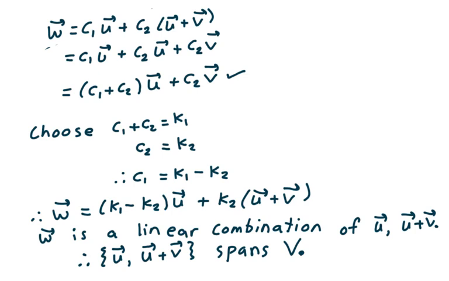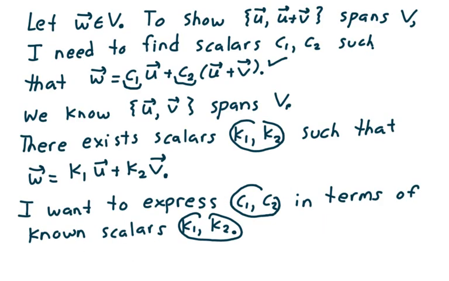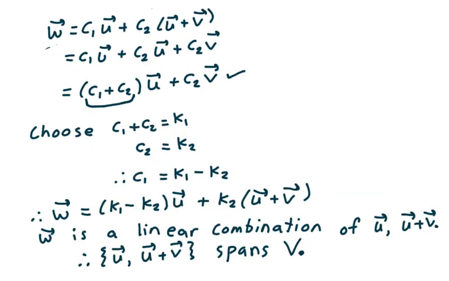Okay? Now, what that suggests is that I want to take c1 plus c2 and set it equal to k1, right? Because if we look over here, remember W is equal to k1u plus k2v. And it also suggests that I want to take c2 and set it equal to k2.